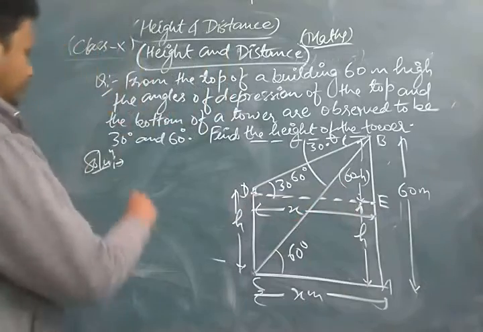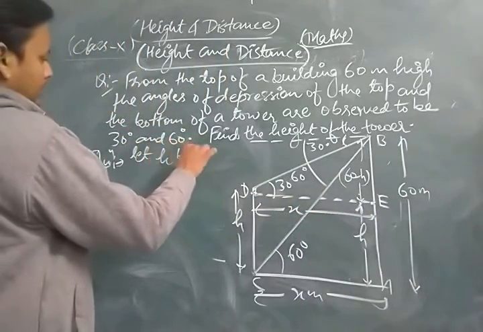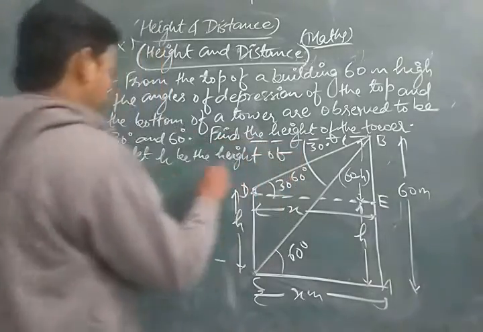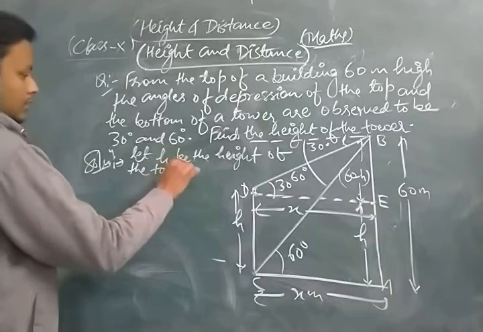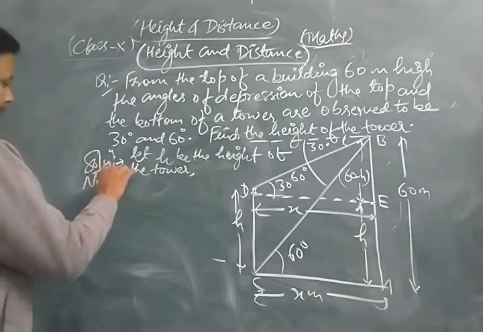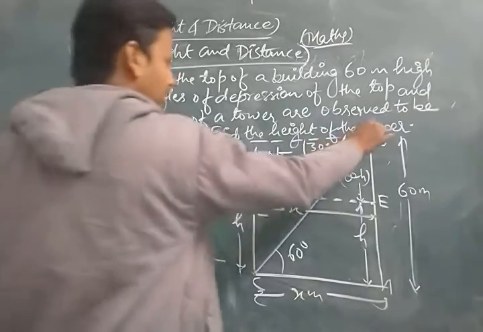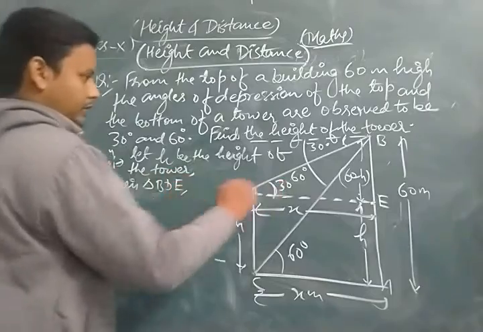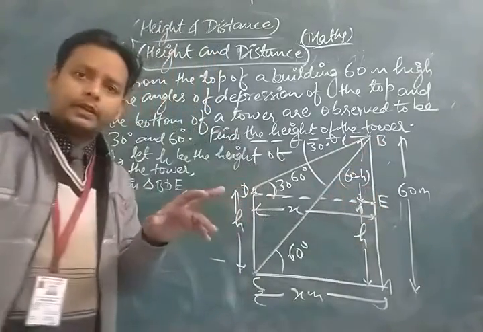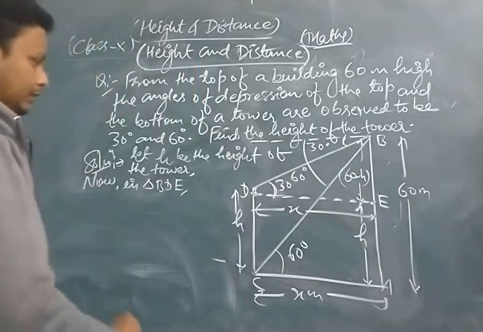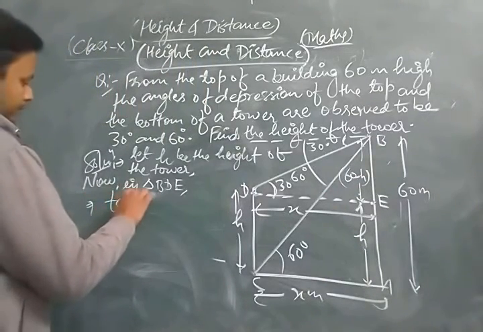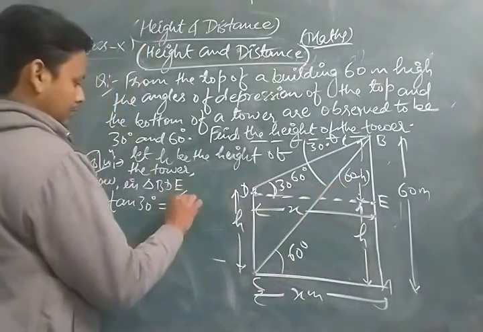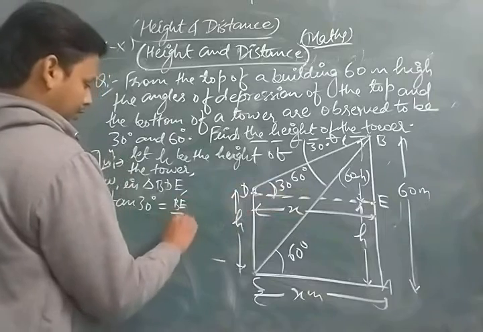Now look, let H be the height of the tower. In triangle BDE, tan 30 is perpendicular upon base. The perpendicular is BE and the base is DE.